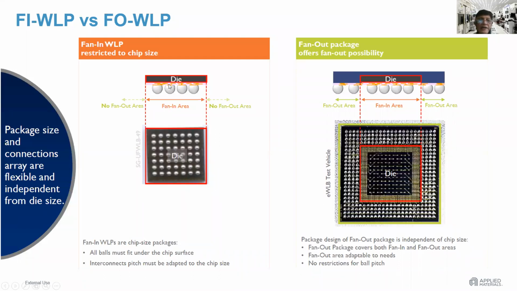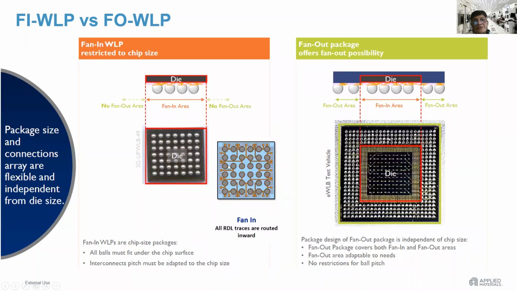Okay, and if this is a die, all the solder bumps are effectively under the die. So what does it mean? It means that all the redistribution layers, all the interconnects from the die are being taken to the ball grid array under the die only. Okay, there's no ball grid being taken beyond the size of this particular package.